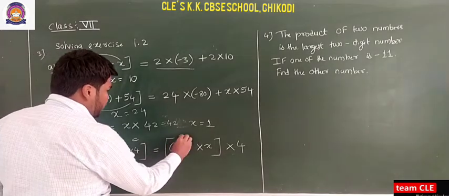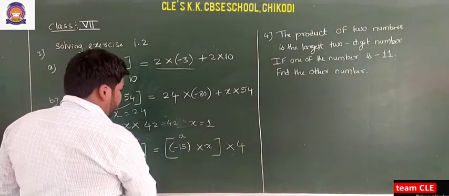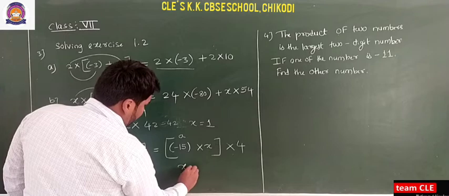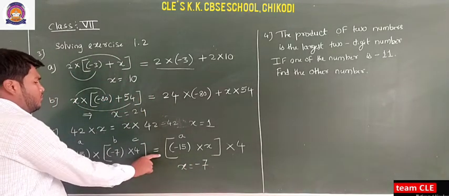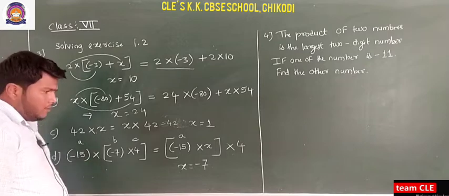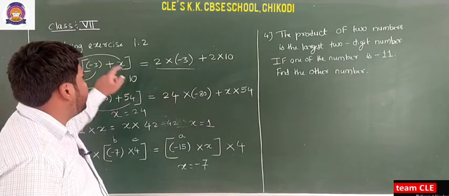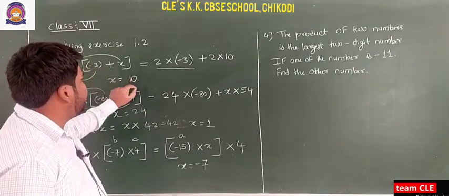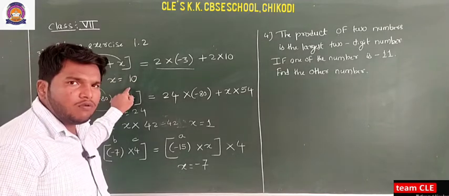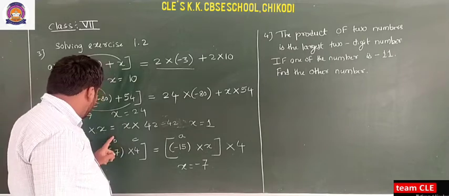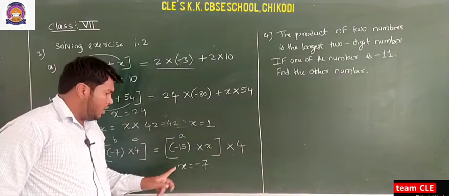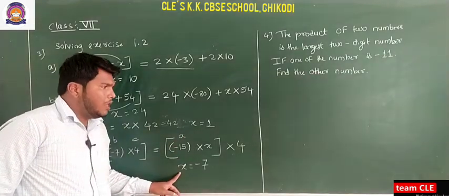Similarly a equals minus 15, and b, which is x, you will get as minus 7. So x equals minus 7 in this one. These are some examples to find the x value. In the first one x equals 10, in the second x equals 24, in the third x equals 1, and in this one x equals minus 7.